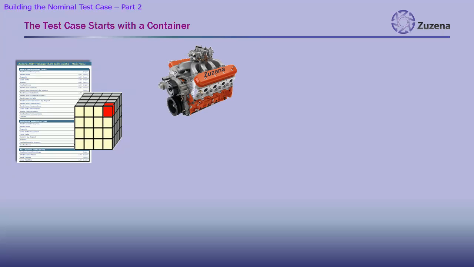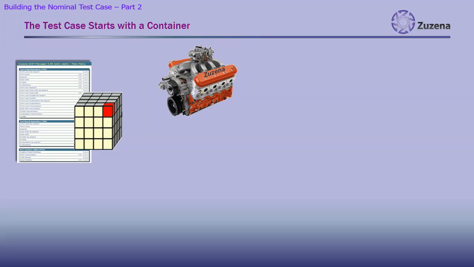As we discussed in the previous video, one uses the Zuzena graphic user interface to build a test case. While you're tuning the definition of the test case, you can execute it from within the GUI. Once the test case performs as you expect, you can then employ that test case for automated testing by calling Zuzena via an operating system command or from a scheduling tool such as cron or Jenkins.